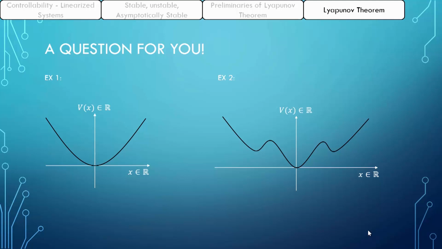Even though it's PD, it's not a good Lyapunov function. You can tell from the picture that it will be PSD: the state will get stuck somewhere that is not 0. So it must be PSD, even if your system is stable or asymptotically stable. Okay, that's for today. Thank you.